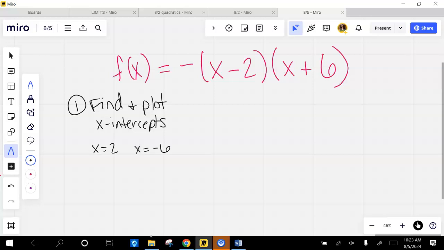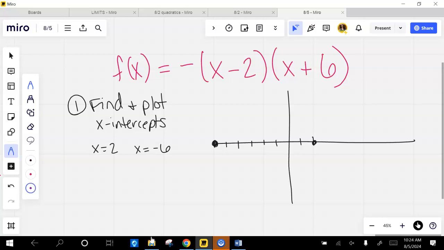Before I do that, and while you're writing, tell me what else you know based on the other numbers in this equation. It's going to go down. How about the width? It's going to be average because it's 1, right? There's not a number there. Good job. All right, I'm going to plot these. 2 and -6. 1, 2. 1, 2, 3, 4, 5, 6.